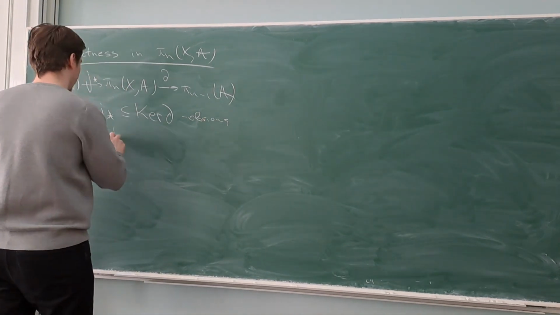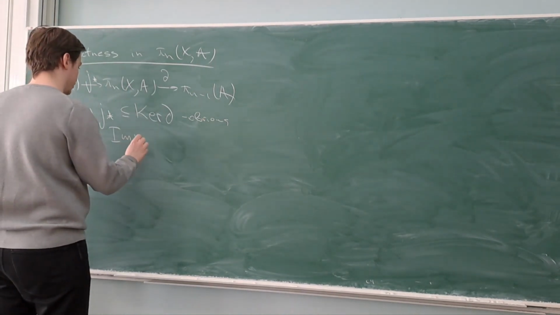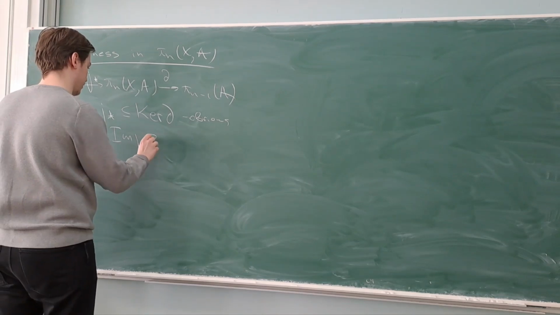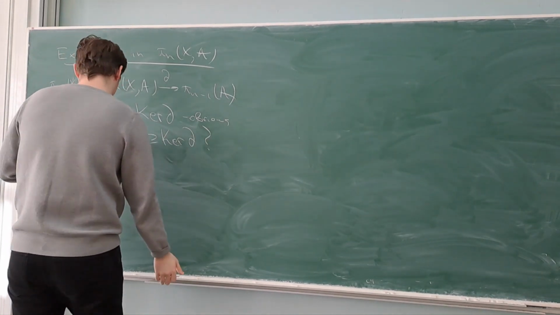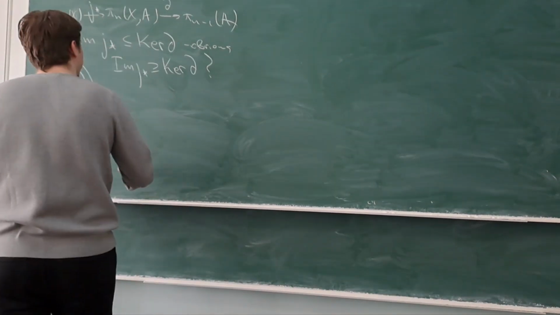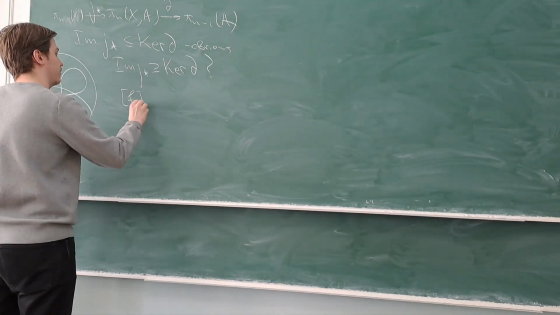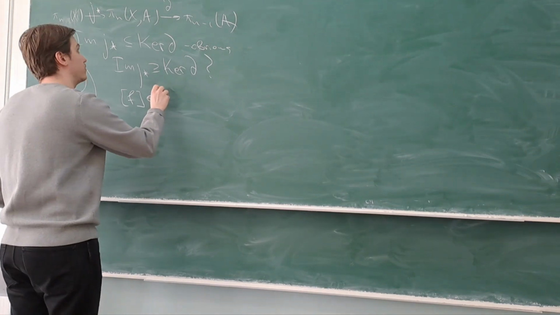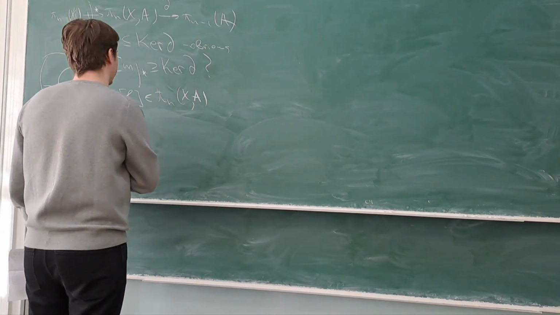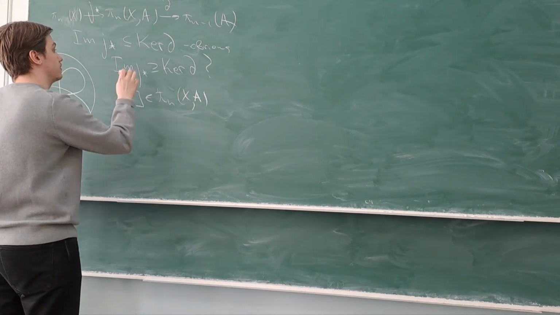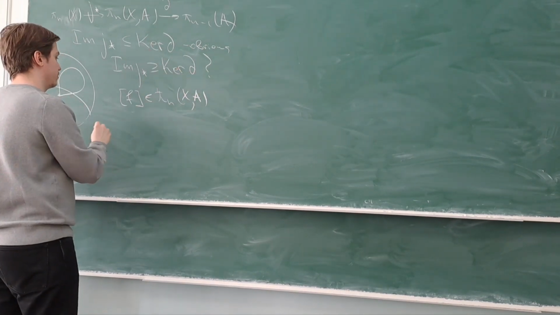So I need to check the inclusion in the other direction. Let f be some element in pi n such that it lies in the kernel. What does it mean?